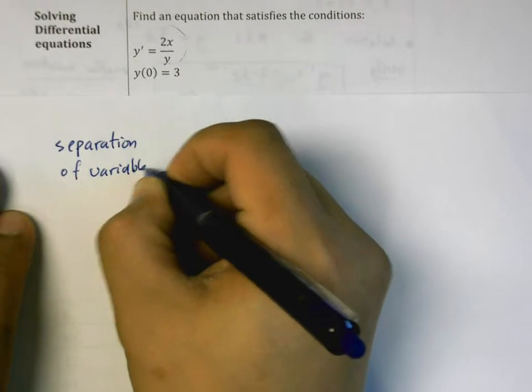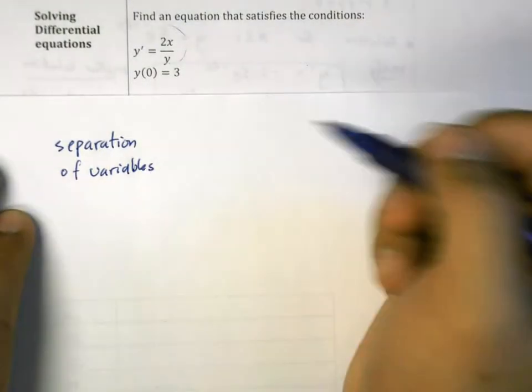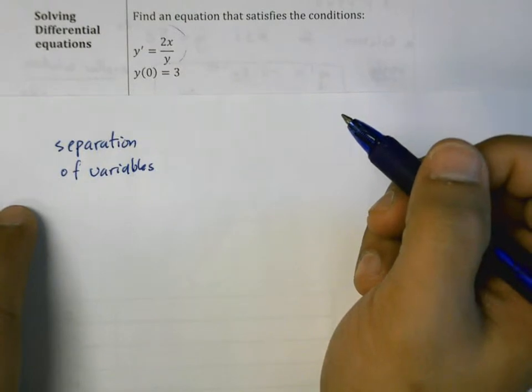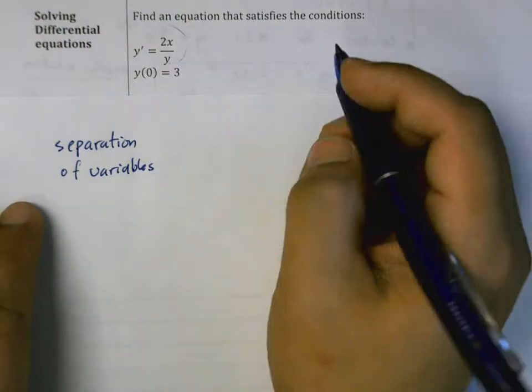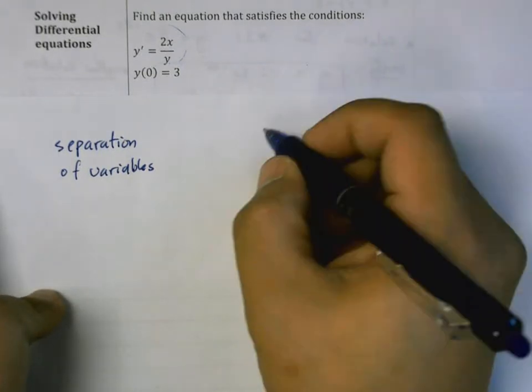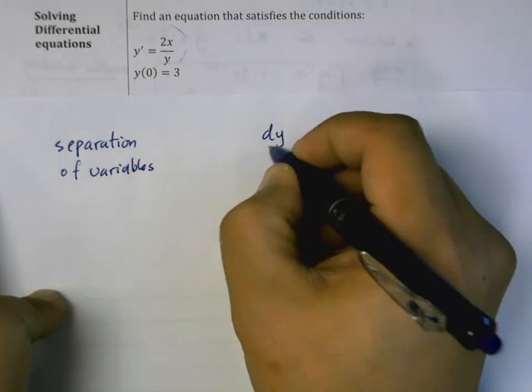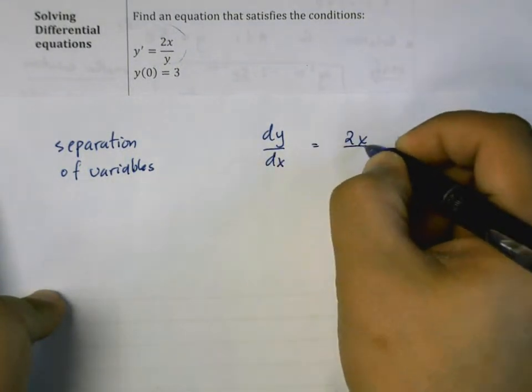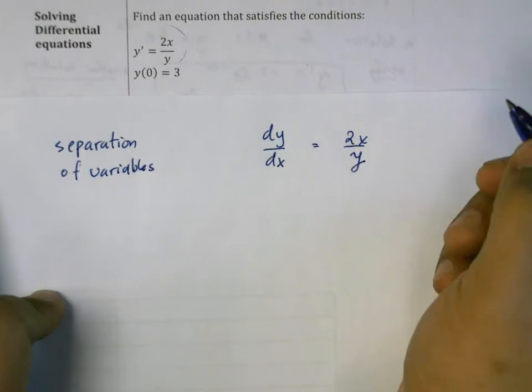So essentially putting all the variables that use y together and all the variables that use x together. It's a little bit easier to think about this problem using Leibniz notation. So dy/dx is equal to 2x over y.